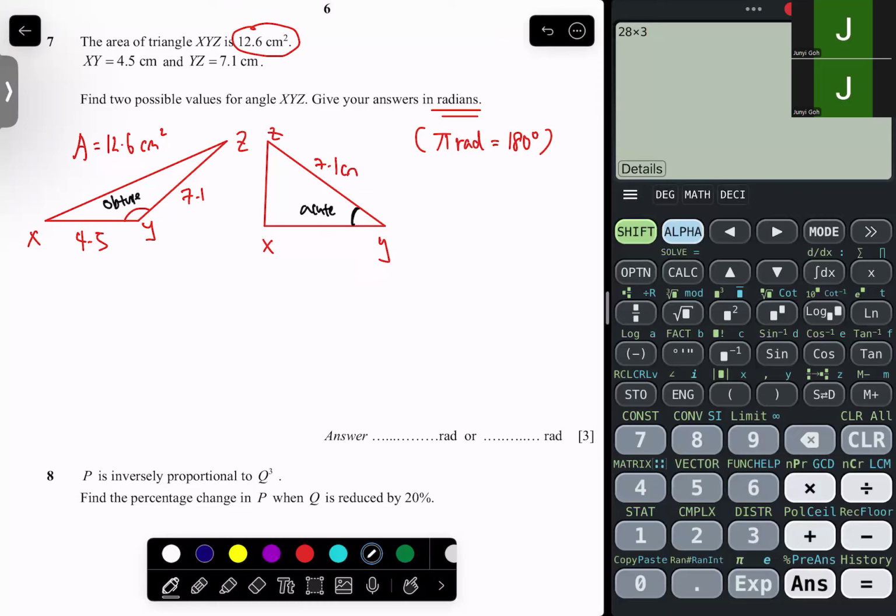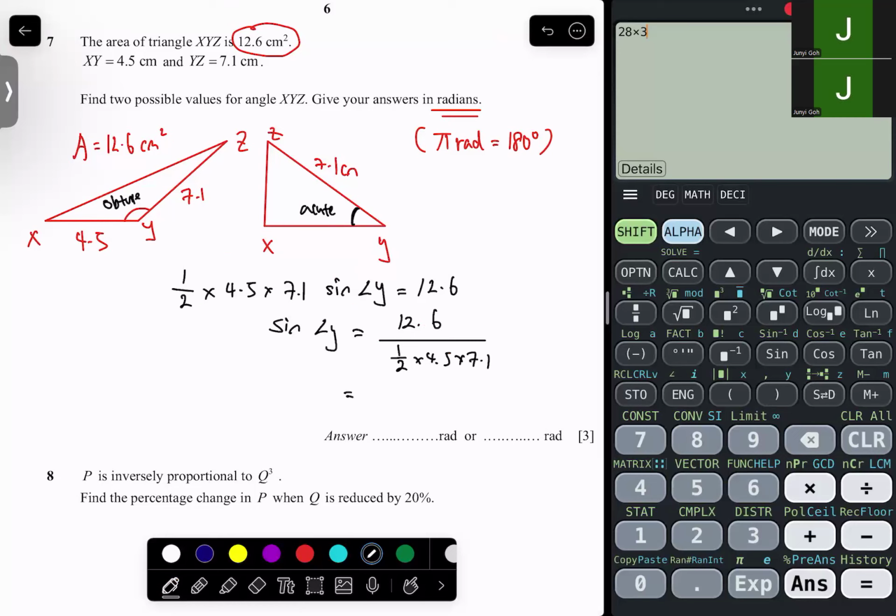Now we know that the area of a triangle is half A, B, sine C, right? In this case, sine angle Y equals 12.6. Manipulate the algebra, we'll have sine Y equals 12.6 divided by half times 4.5 times 7.1.